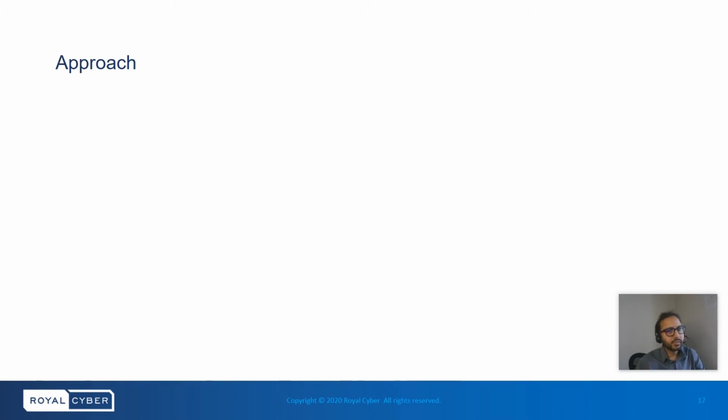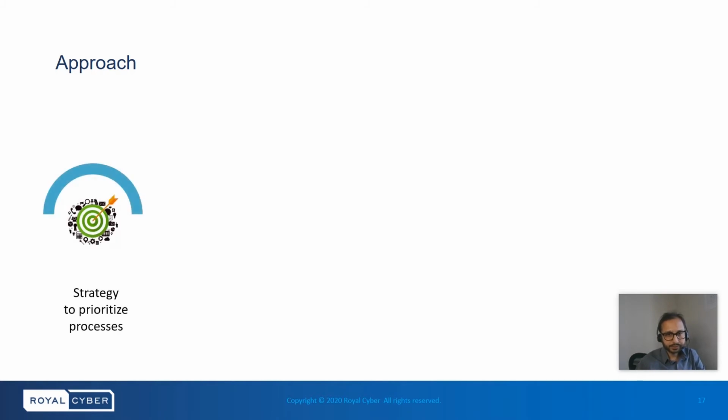So now let's see what should be our approach in selecting the process. First we have to devise a strategy to prioritize processes. We'll talk in detail about these things. Let's see what the superficial agenda should be. First we'll have a strategy created, and then we'll try to understand and lay out complexity factors.